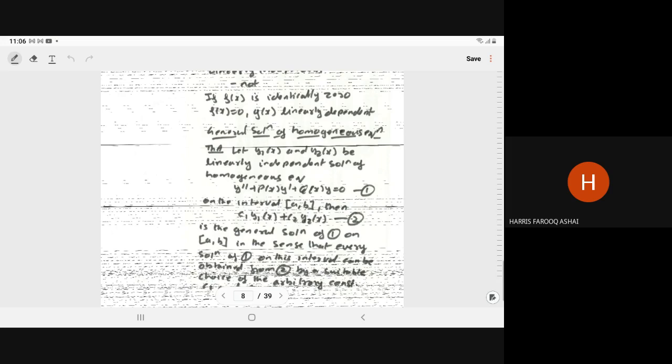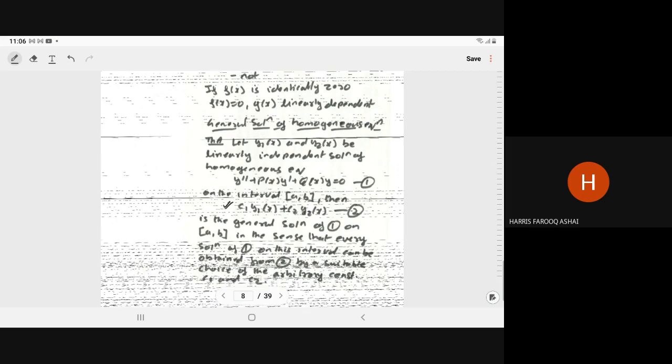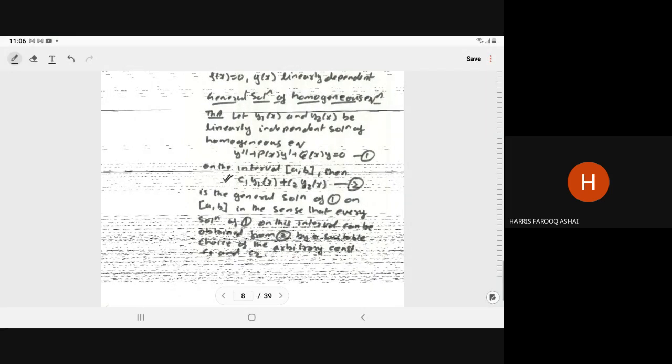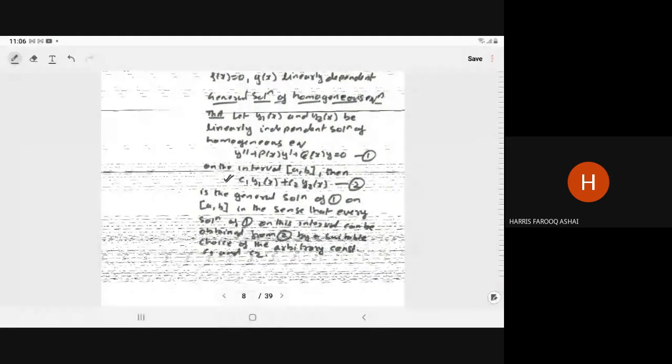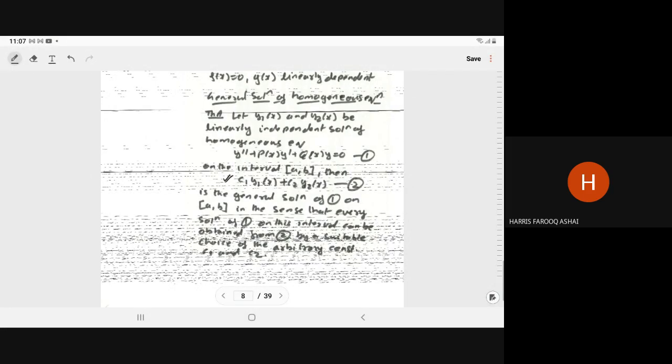Then c1 y1 plus c2 y2 is the general solution on ab, in the sense that every solution of the first on the interval can be obtained from 2 by a suitable choice of arbitrary constants c1 and c2.